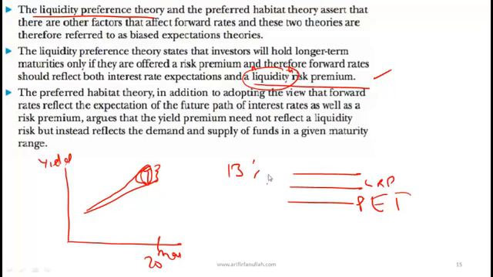And then on top of that, according to the preferred habitat theory, in addition to what we've already talked about, there might be a different demand supply scenario in different maturity buckets. The point being this: let's say that in a given market, there is a big demand for 20-year bonds, because most of the pension funds have liabilities that will come due in 20 years.